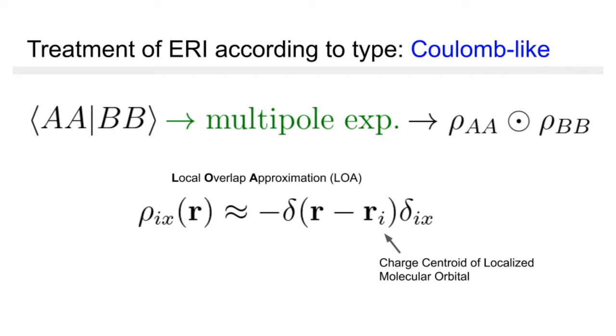In this project, the local overlap approximation has also been introduced, which assumes localized occupied orbitals and also zero overlap between different orbitals. This approximation further reduces the computational cost, but is also more approximate than the distributed multipole expansion approach.